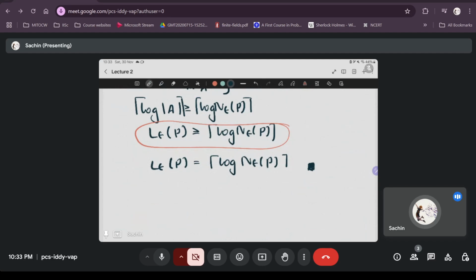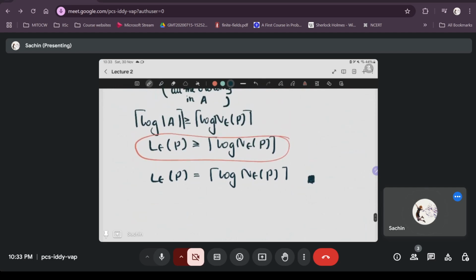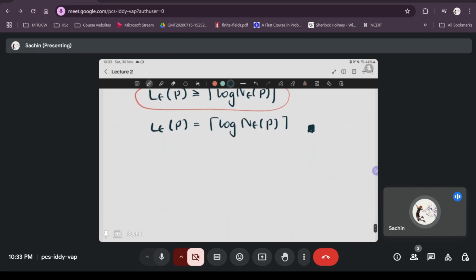So we try to simplify this further by doing the following, right? So this is kind of okay for us, but we can make this formula better in some sense.